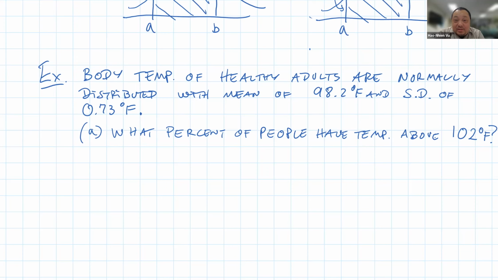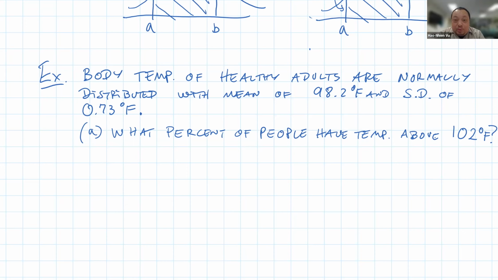Would you recognize that this is a probability question? Yeah, because percent of people is the same as probability that it happens, right? So what percent of people win the lottery? Let's say 0.5%. Well, that's the same as the probability of winning the lottery is 0.5%.